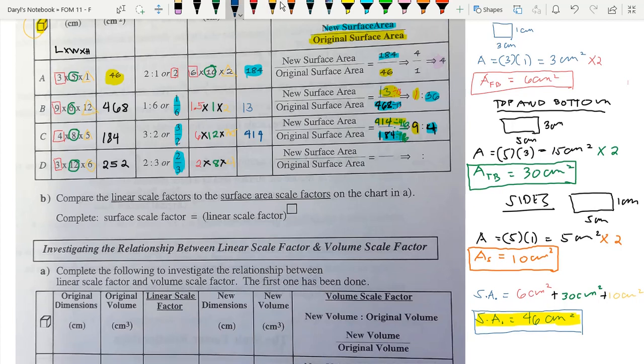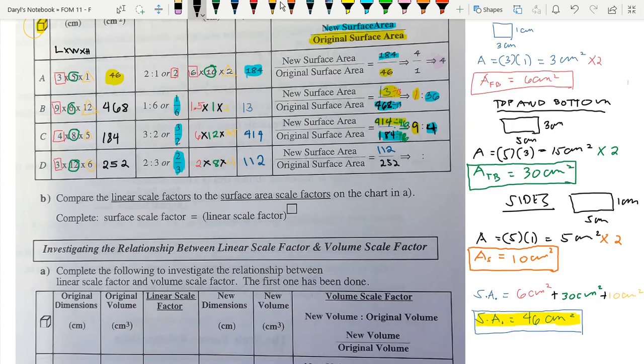If I get the surface area of this, it should give me an answer of, no, not 200, but it should be 112 cm squared. So if I get the surface area scale factor, that would be 112 all over 252.